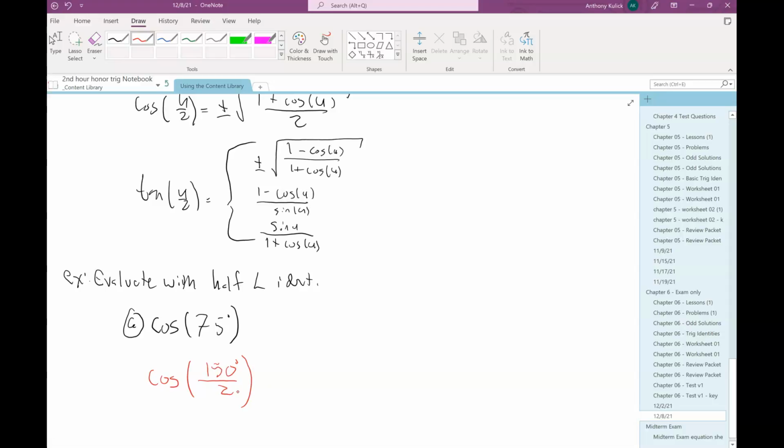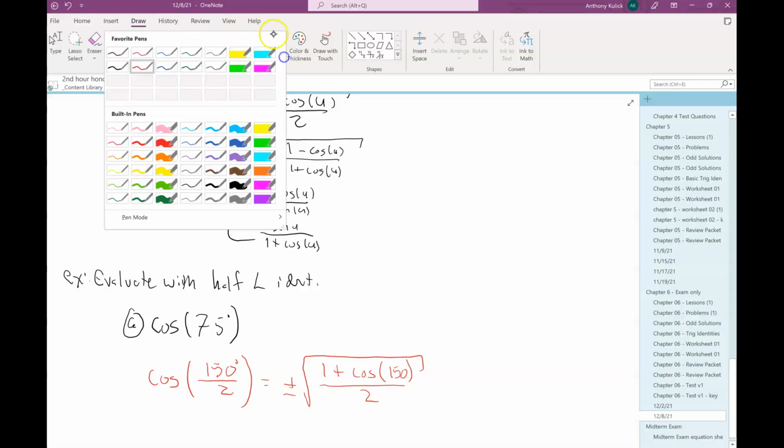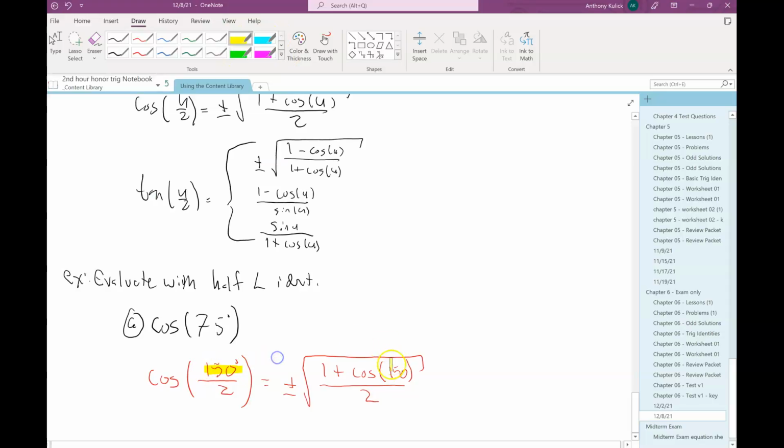Notice that 150 is a unit circle angle. So applying my half angle identity, again, notice that my u in this case is just the 150, not 150 over 2. I get this.